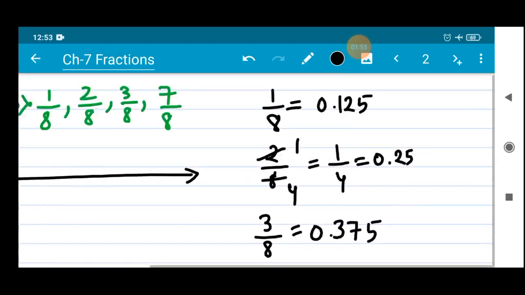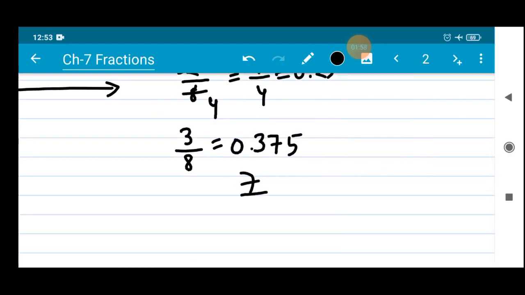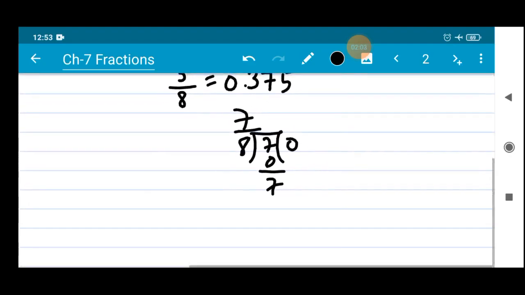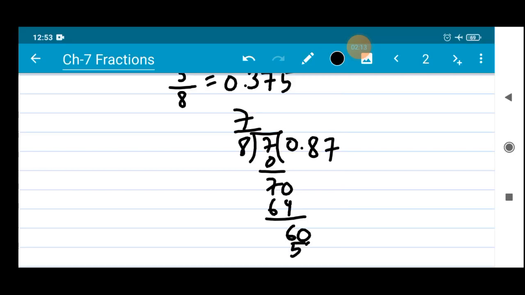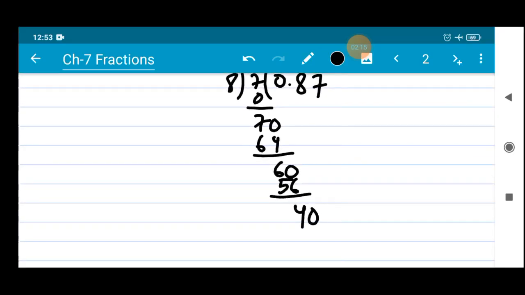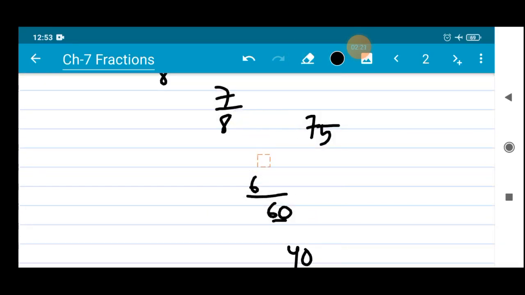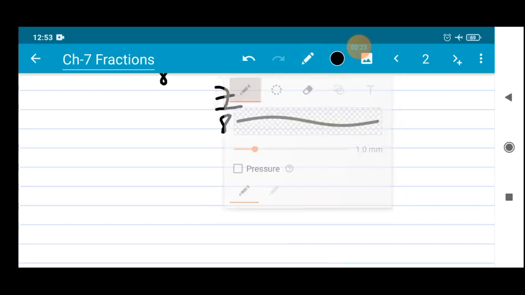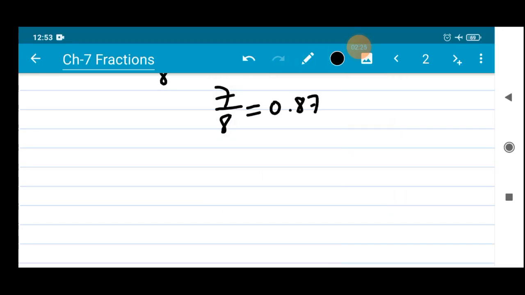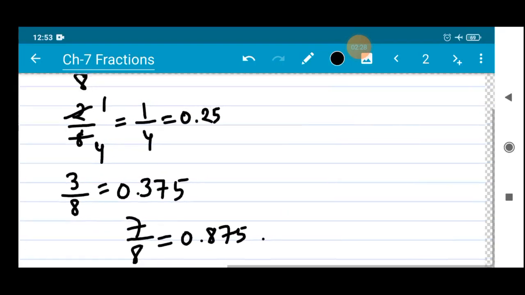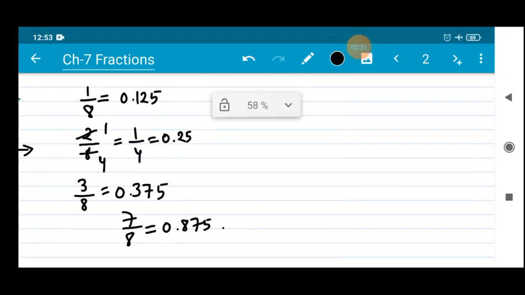Now the next number is 7 by 8, so let us divide this also. 8 zeros are 0, 8 eights are 64, 8 fives are 40, so it is 0.875. So we have converted all these proper fractions into decimal form.